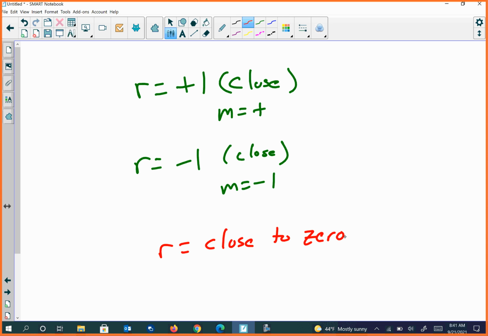That's a bad way of representing data, but I just want you to picture a close to 0 R value. Your data, when you plug it in, would all look like that. You can't really put a line of best fit, or I guess you could try to, but once you find the R value, which the calculator will do, it will tell you whether the data is good or not.